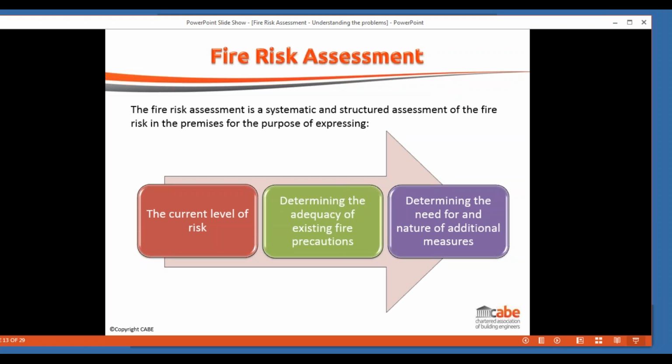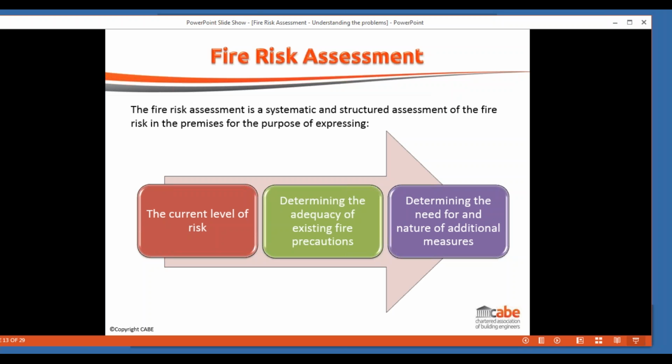Now, in doing a fire risk assessment, a lot of people may start with a sort of matrix approach. So you look at a particular hazard, you look at the likelihood of that hazard causing a risk, and you look at the potential severity should that occur.